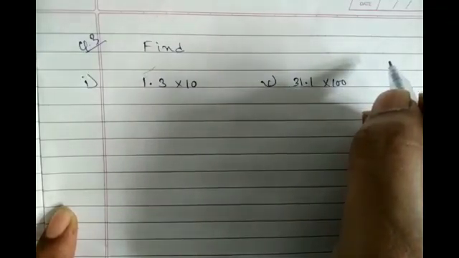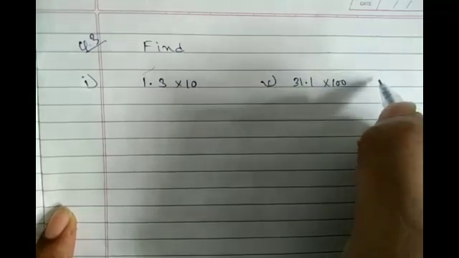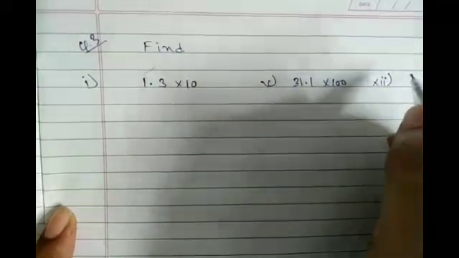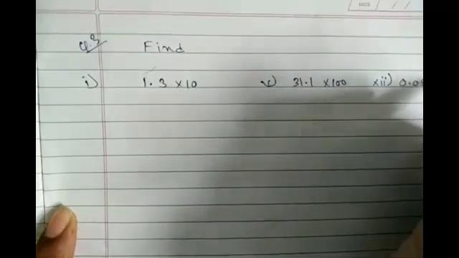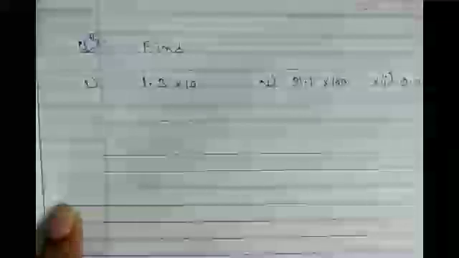And the last one, question 12: 0.03 into 1000. The same rule we have to follow which we followed in the first question.